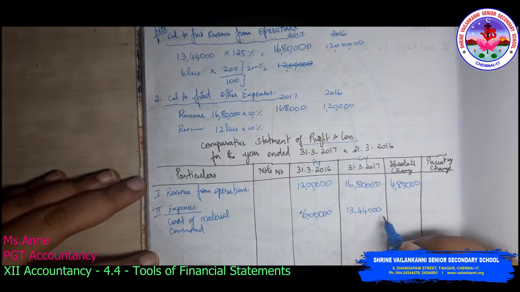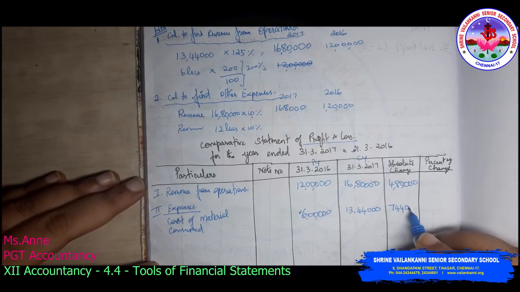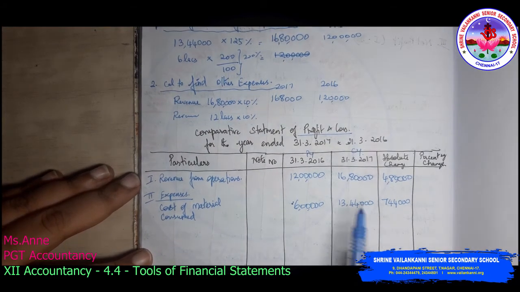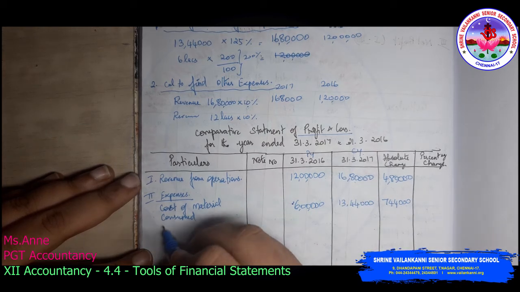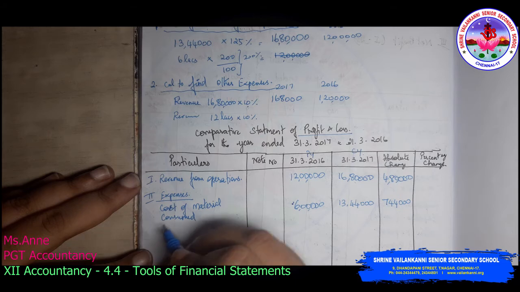After this I am going to find the difference between the two, which comes to 7,44,000. It is a positive change, so I am not going to show it in the brackets. See, this figure is lesser than the next year figure, so obviously it is a positive change. Then you have other expenses.